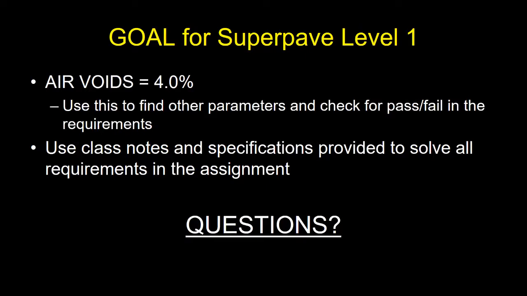But the goal, you don't have to list what I just said. You just know that the goal is 4.0% for air voids, and use that parameter to find everything else that you need to, and check for pass or fail in the requirements. You've also been given the gradation and the specific gravity of some of the other materials, so use those as well. But just remember that that's what you use to find most of your stuff.